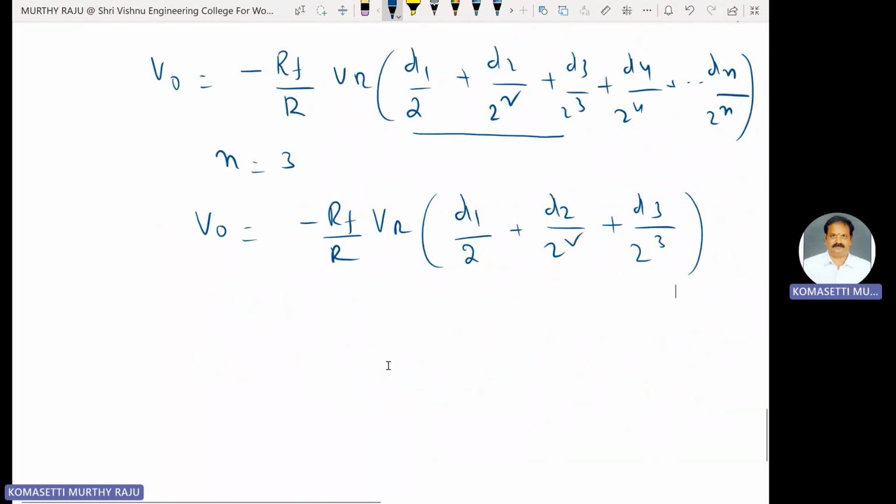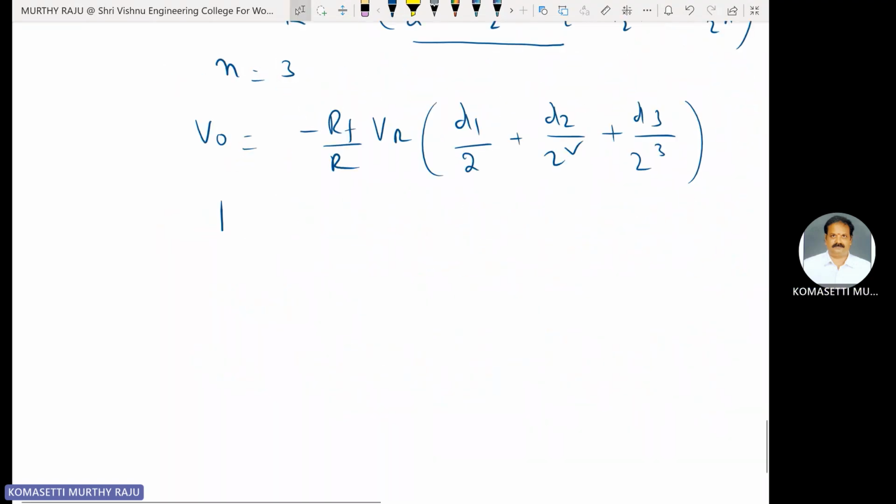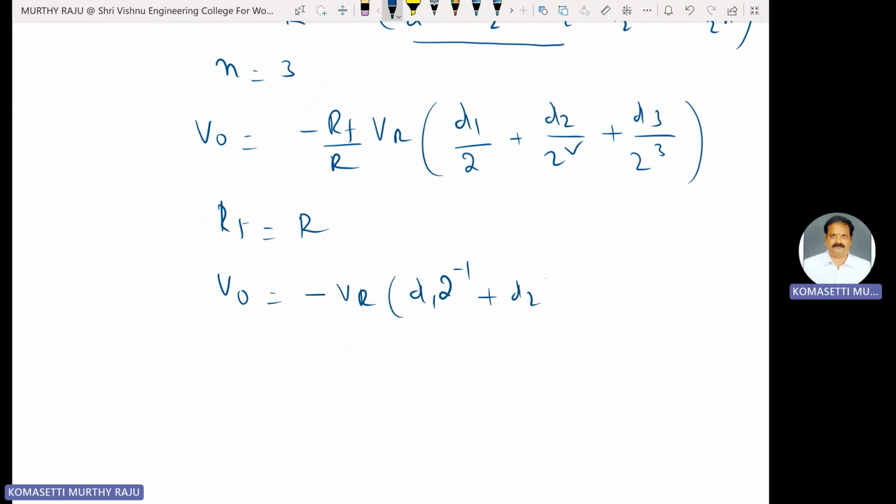When RF is equal to R, V naught is equal to minus VR into D1 2 power minus 1, D2 2 power minus 2, and Dn 2 power minus n.